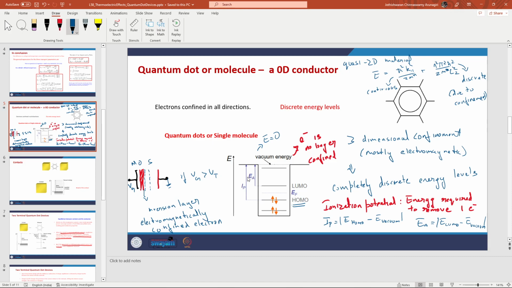And if I want to use this quantum dot as a channel in my device, then I have to add and remove electrons from this system. So adding and removing electrons is essentially how the conduction will take place. So that conduction is defined strictly in terms of these two energy levels, ionization potential and the electron affinity.